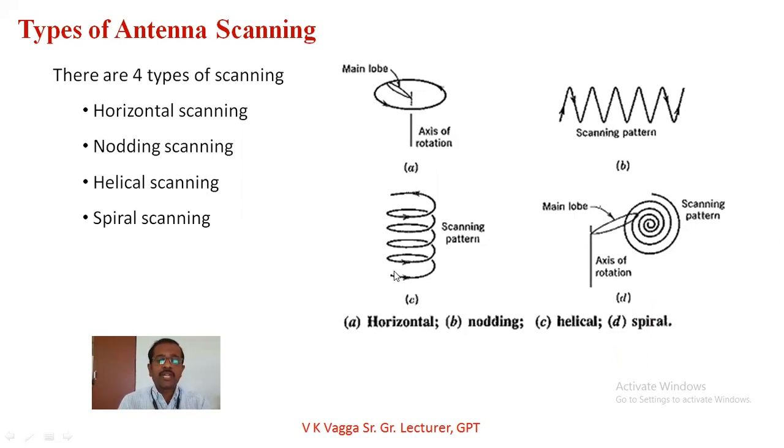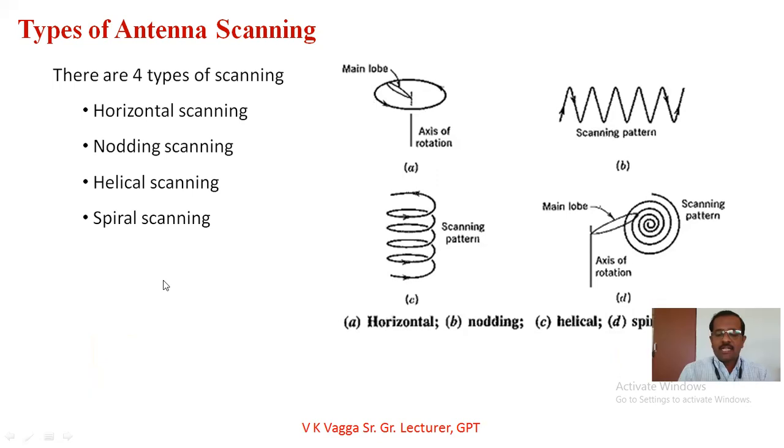If it rotates in a spring-like structure, it is called helical scanning. And if it starts from the center point and increases in distance, increasing its scanning area, it is called spiral scanning. It can be understood clearly.